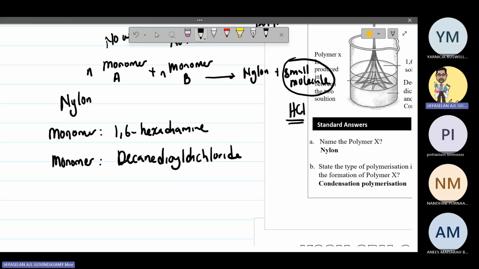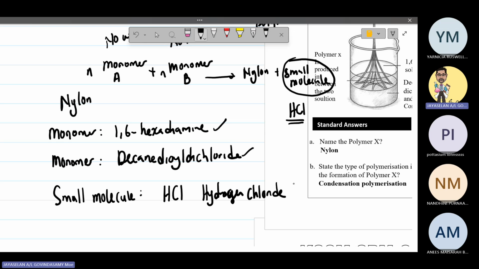Objective question: which of the following is the monomer of nylon? You don't need to write it, just remember. Understand? What is the small molecule released? Hydrogen chloride. Don't write hydrochloric acid. You must write hydrogen chloride.